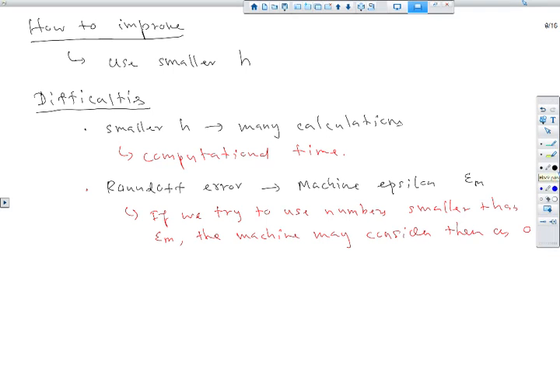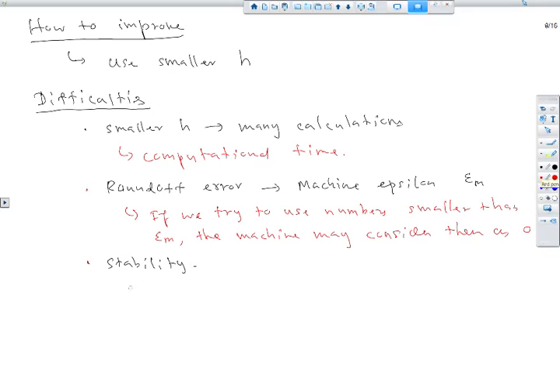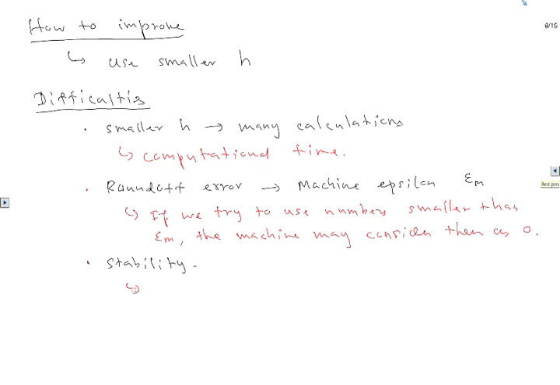And the next one is what we call the stability. The third one is the stability. So what is stability? Let's say you go with a smaller h, or you get more steps, and the question is, even if we do that, can we really reach the actual solution?